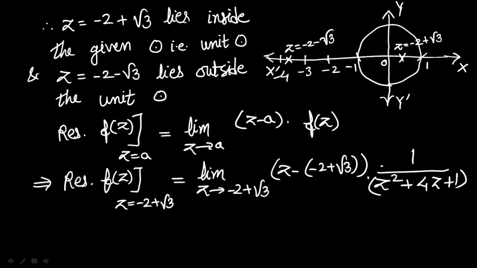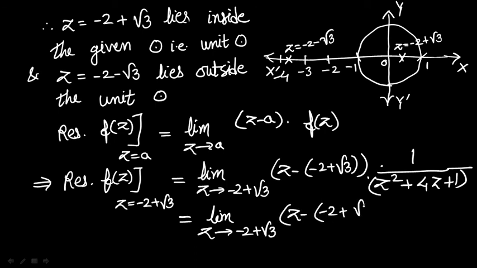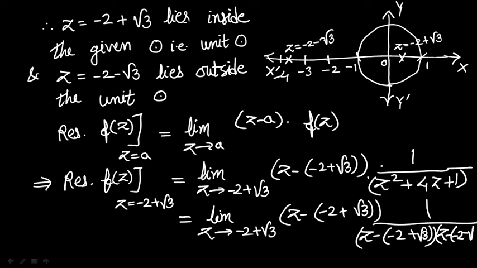Now this denominator term z square plus 4z plus 1 we write in the form of factors: z minus of minus 2 plus root 3, and the second factor is z minus of minus 2 minus root 3. Now, when we simplify, this term gets cancelled.